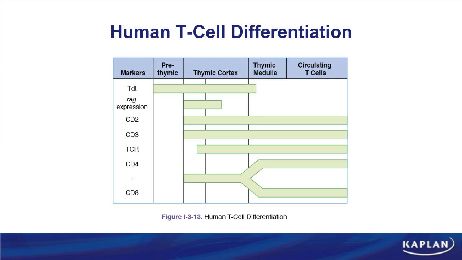After the completion of positive and negative selection, your T cell had to make a decision. Did it recognize MHC class II and therefore preferentially express CD4? Or did it recognize MHC class I and preferentially express CD8? So cells that have undergone selection can appropriately be termed single positive. Again, they're either single positive for CD4 or they are single positive for CD8. And at this point, the cells can exit into the periphery.